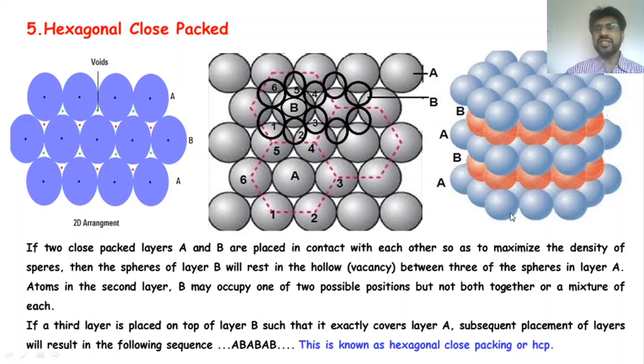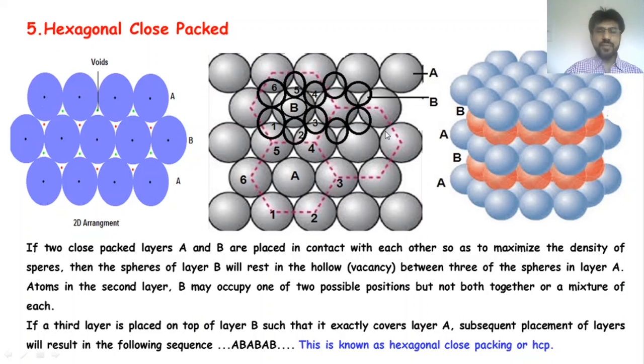So in the 3-dimensional picture, it looks like this. This is the A layer, this is the B layer, again the layer A, again the layer B. If we connect the 6 atoms in this way, 1, 2, 3, 4, 5, 6, and connect the centers of these atoms, then there is the formation of the hexagon.